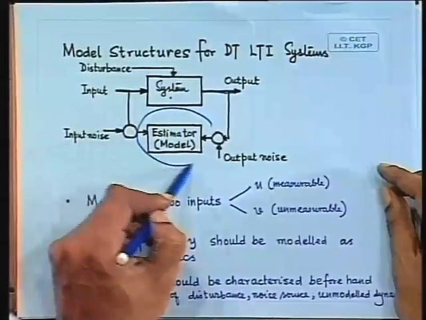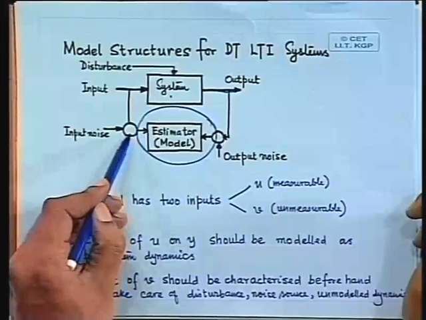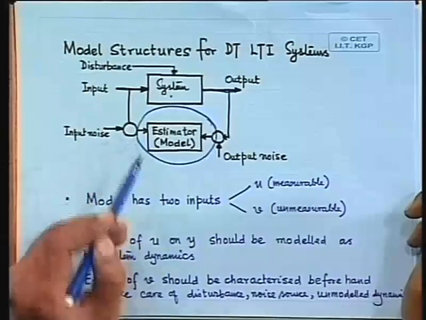So first of all, coming back to model structures, remember that this is what you are doing. Actually you have a system, you have an input and you have an output, and this is your estimator. And in the estimator, what are you sending to your estimator?